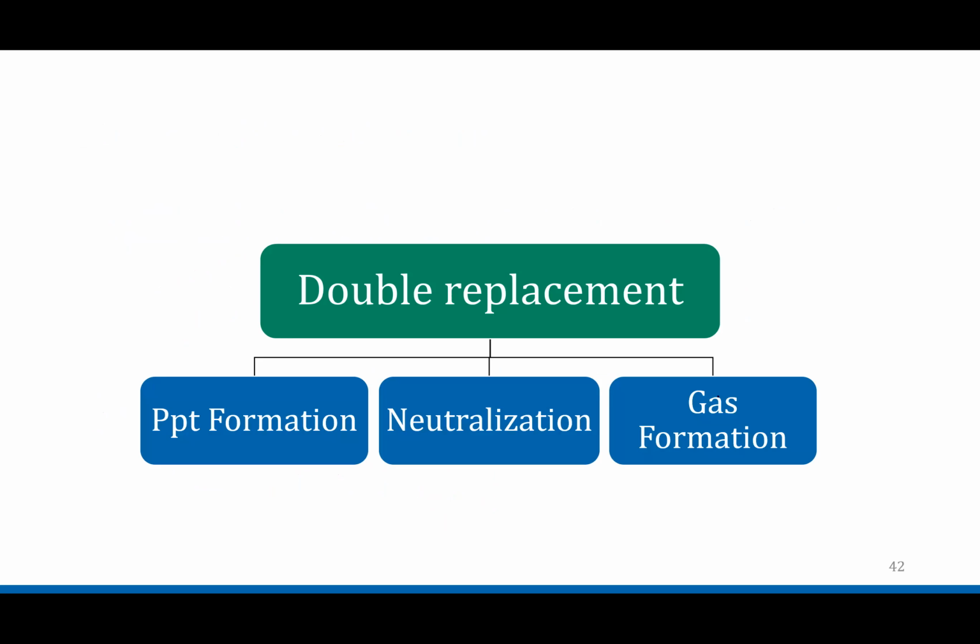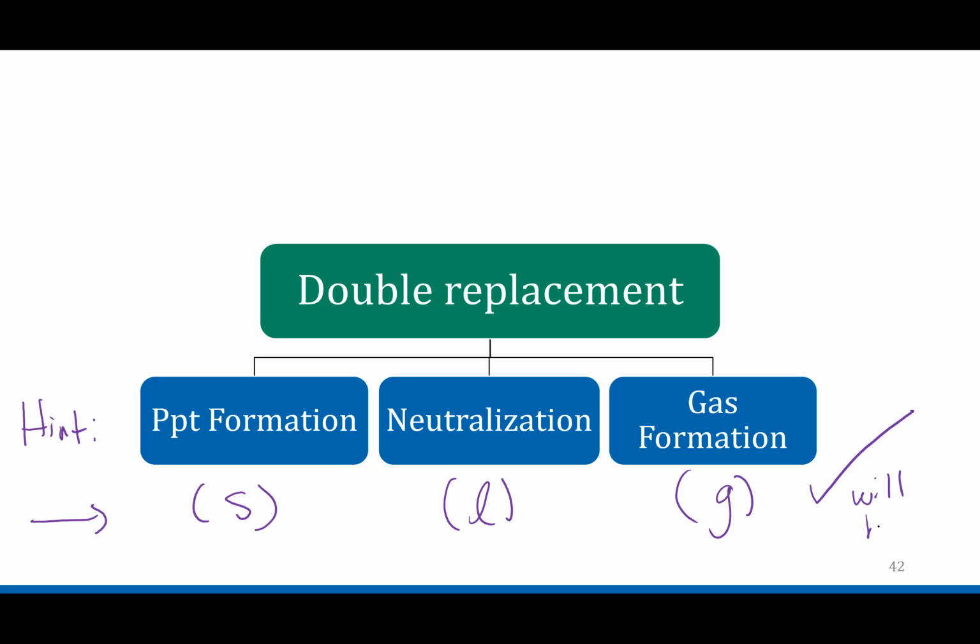So how do you know a double replacement happens? Well, if you do a double replacement and one of your products is a solid, or one of your products is a liquid, or one of your products is a gas, it will happen. We will talk about this tomorrow in greater detail, but this is a good little hint to get you ready for tomorrow.